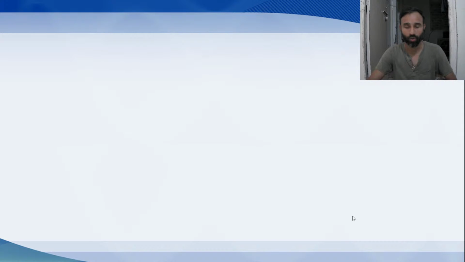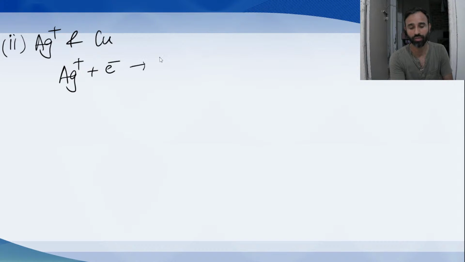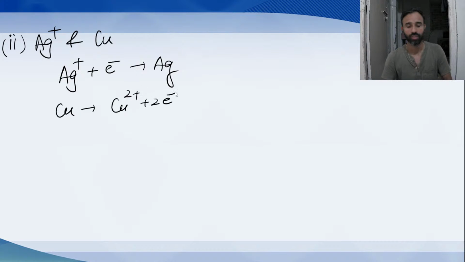Now the second pair is Ag+ and copper. Ag+ will gain one electron, and copper will lose two electrons. So silver is the cathode and copper is the anode. There is no need to write the balanced equation.